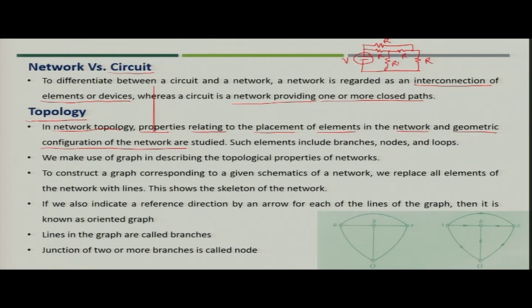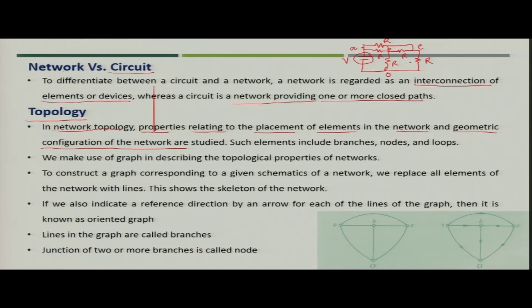Connectivity information means you need to find out how the various elements are connected. Now, if you give this node as A, this node as B, this node as C, and this is O, that is the ground or maybe origin you can say.